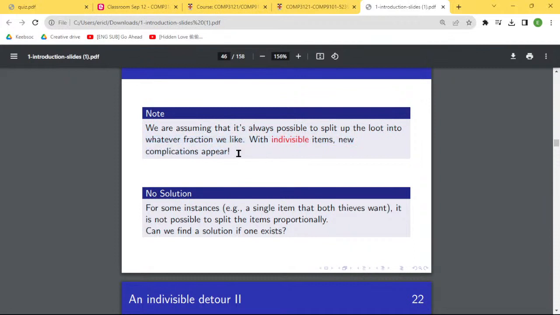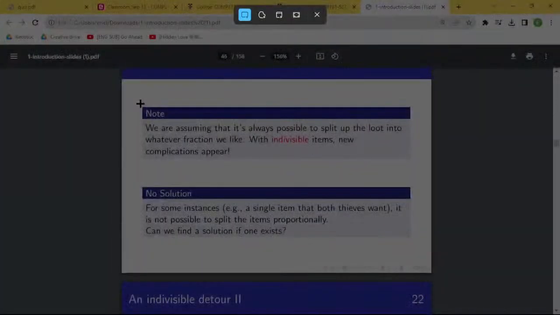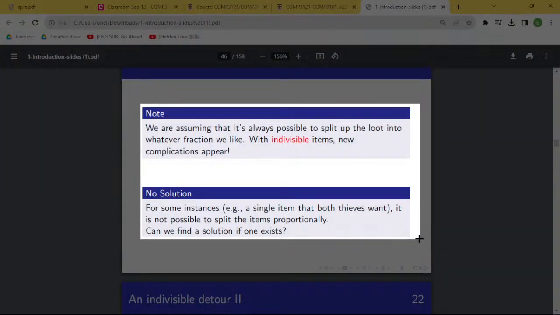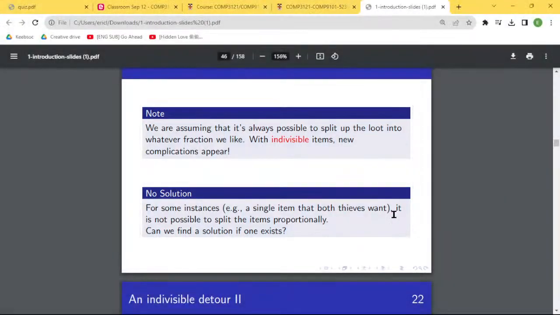With indivisible. For some instances, a single item that both feed in. So.